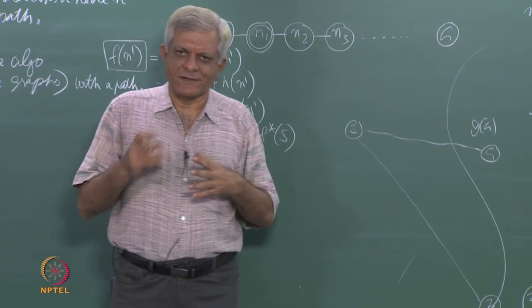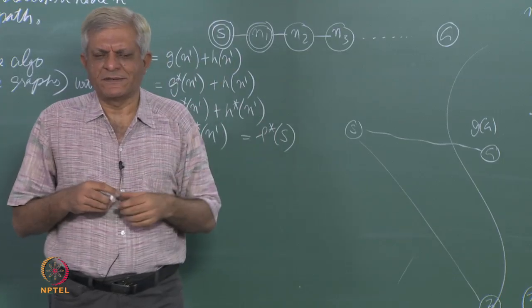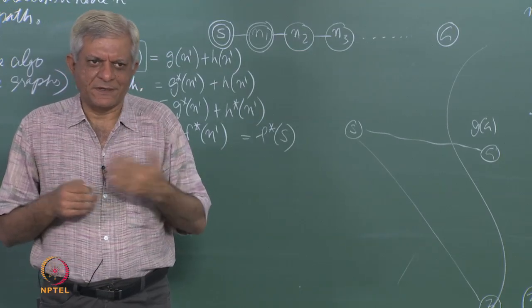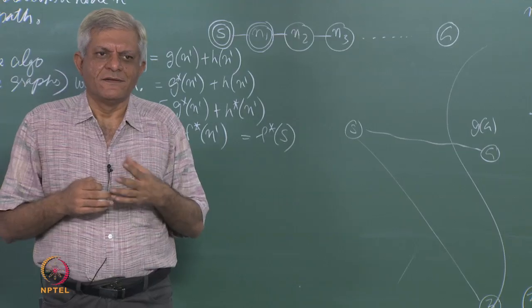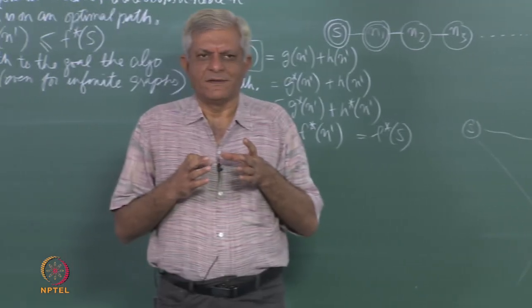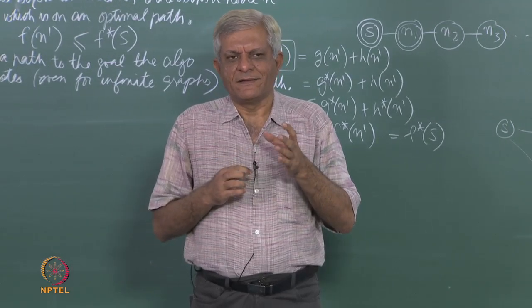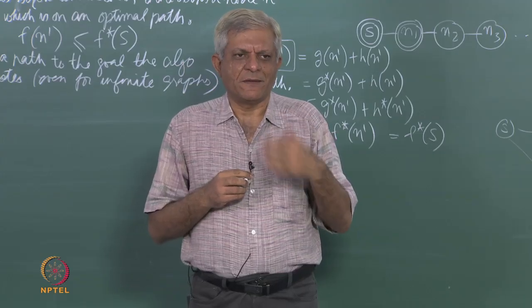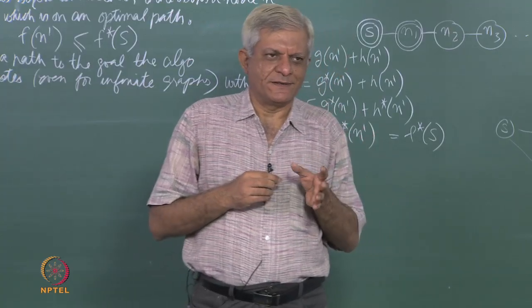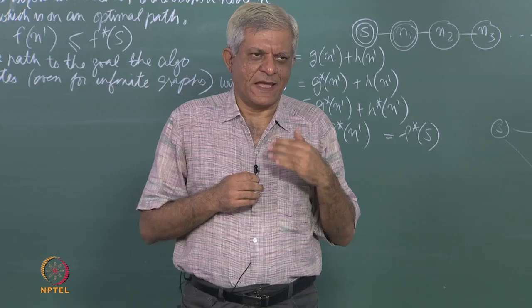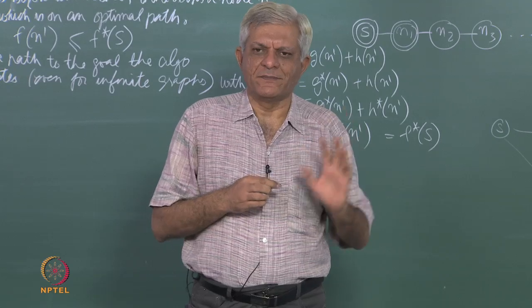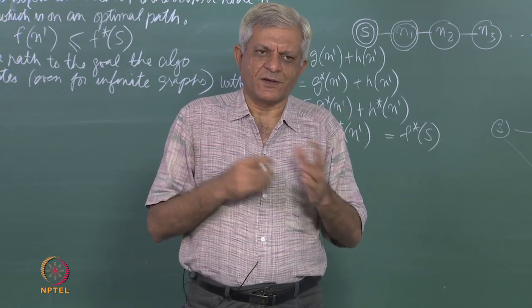So, this is like that paradox, the rabbit and the tortoise paradox, Zeno's paradox. The tortoise tells the rabbit that if you give me a lead of, let us say, 100 meters, then you can never beat me in a race. And his argument is the following.